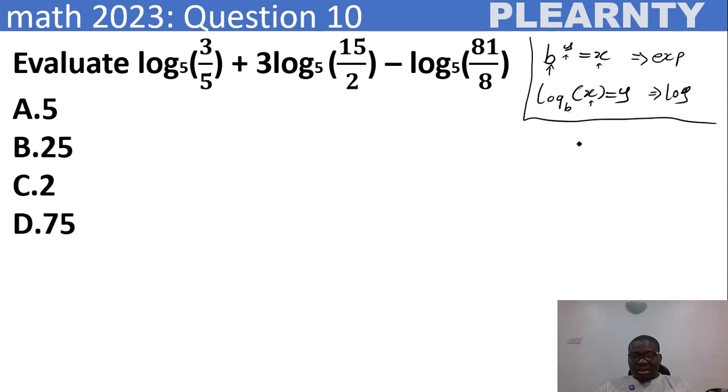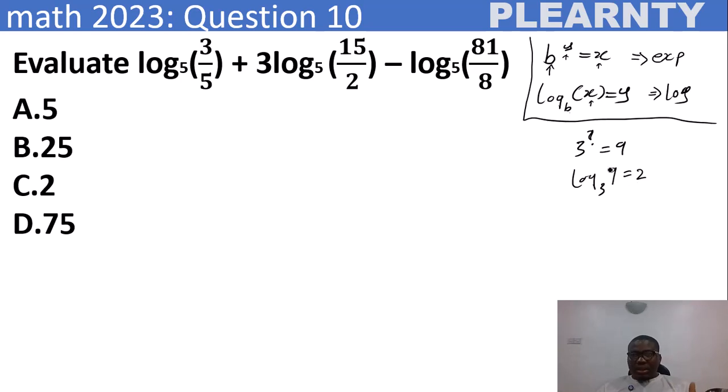So meaning 3 raised to power what is equal to 9. So log base 3 of 9 is telling you what power will you raise 3 to give you 9, and that is going to be what? 2.